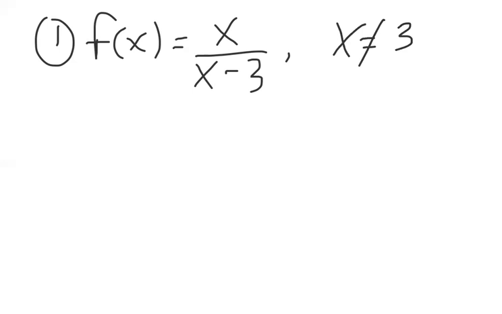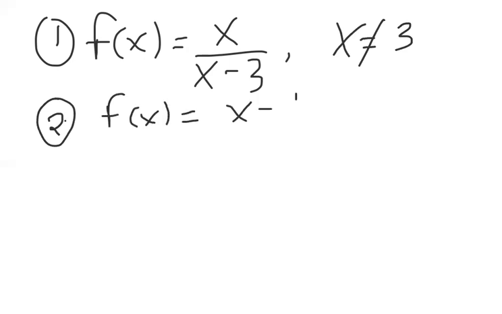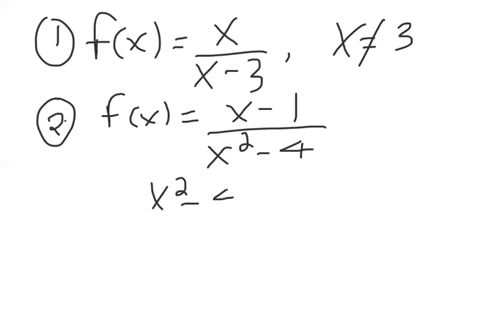That's it. So guys, here's the next one. f of x is equal to x minus 1 over x squared minus 4. Now this one is a little bit more complicated, so be careful with it. I am actually going to take the denominator, set it equal to 0 and solve it. How do I solve it? I'm going to factor: x minus 2, x plus 2.